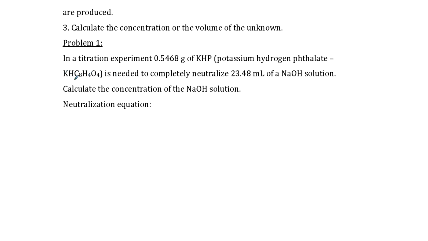We'll shorten it up to this, but when we write out our balanced equation, we'll use this. That's needed to completely neutralize 23.48 milliliters of sodium hydroxide solution. Calculate the concentration of the sodium hydroxide solution.